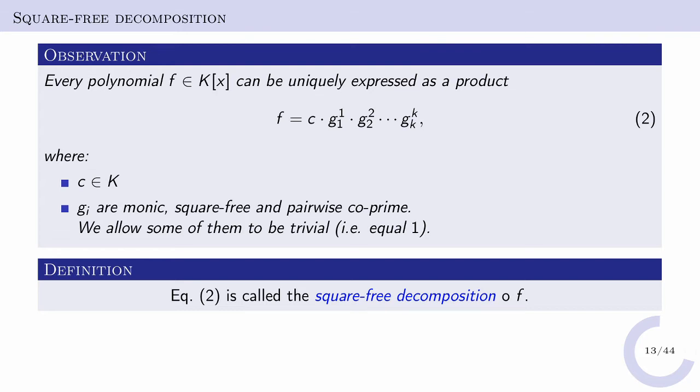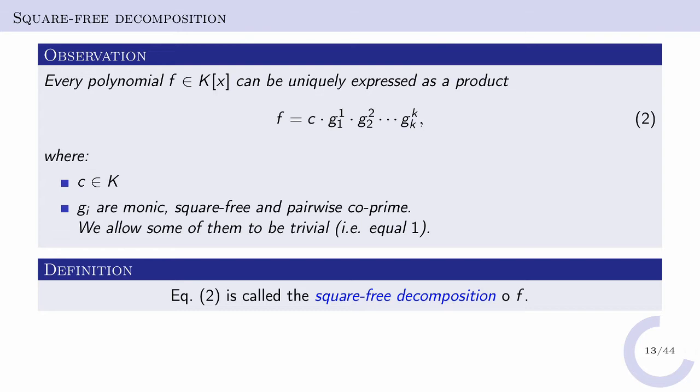I'm not aware of any algorithm that could find the square-free decomposition of an integer with a lower complexity than the full factorization of an integer. On the other hand, the square-free decomposition of a polynomial is very easy, and much easier than the full factorization of polynomials. In fact, for most algorithms of factorization of polynomials, the square-free decomposition is the first step. So that's why we consider it here.